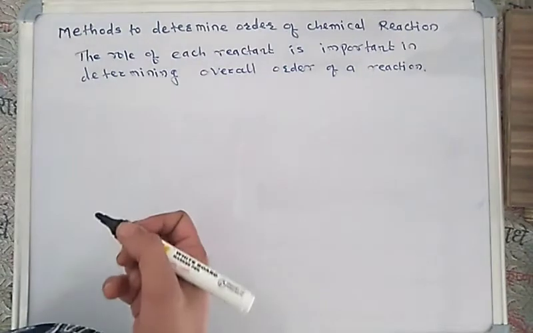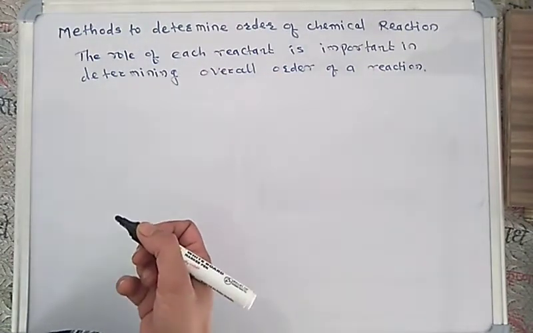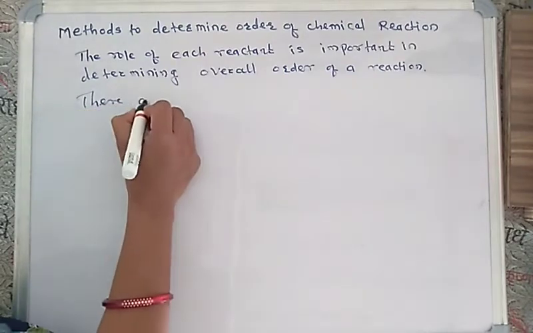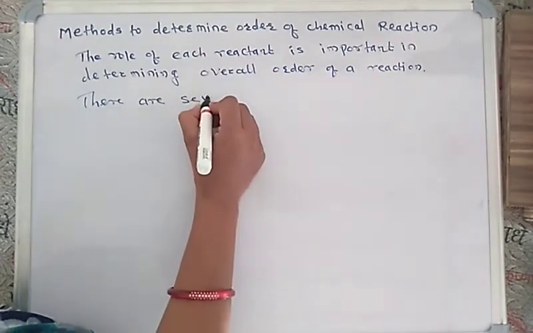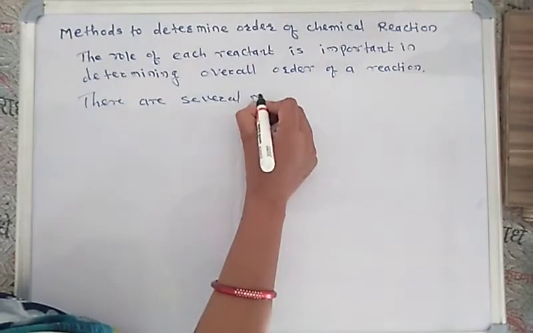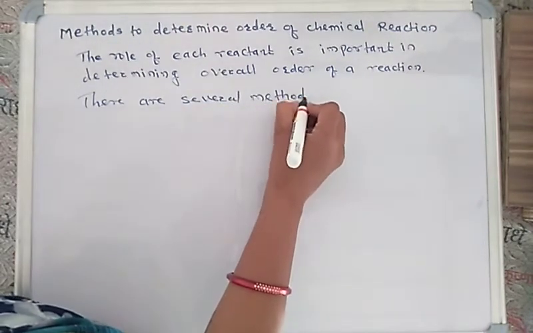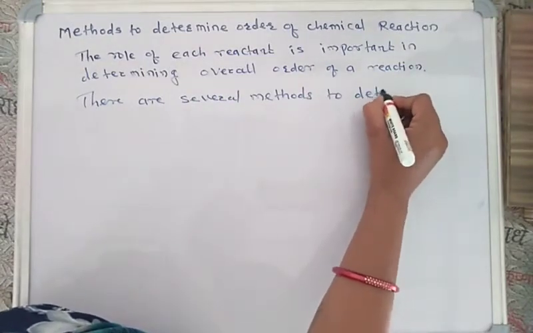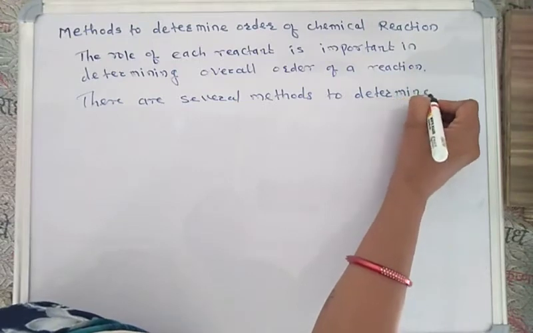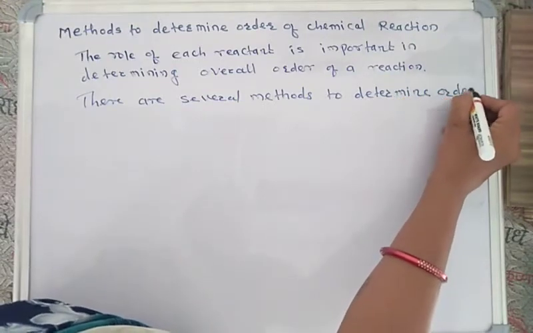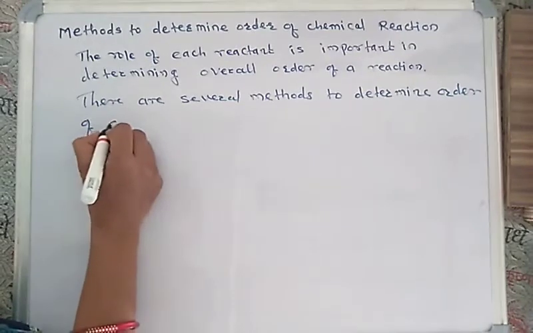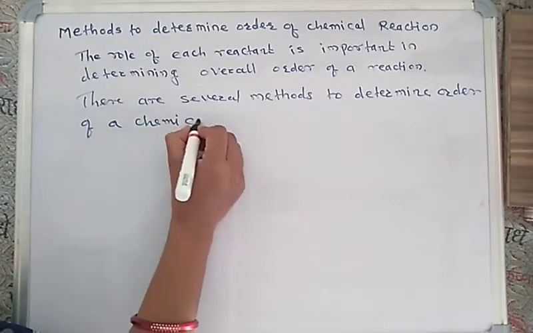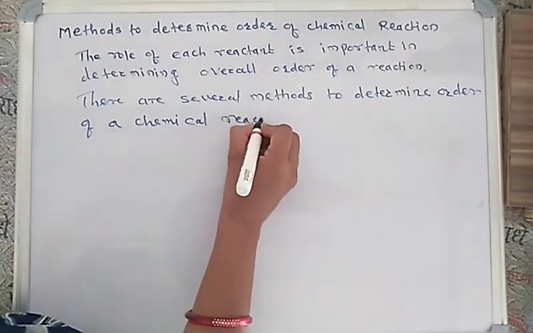There are several methods that can be used to determine the order of a chemical reaction.